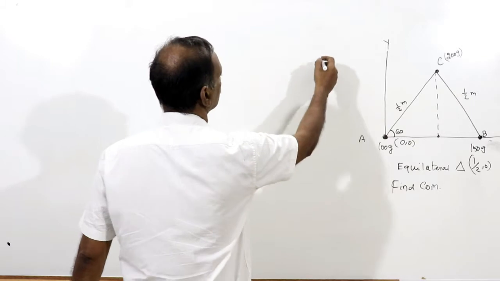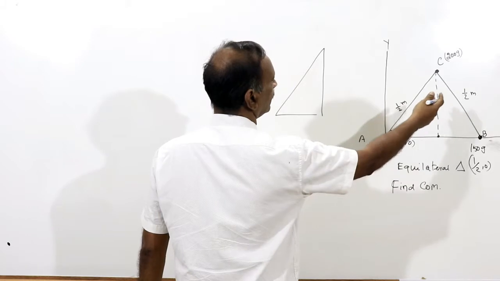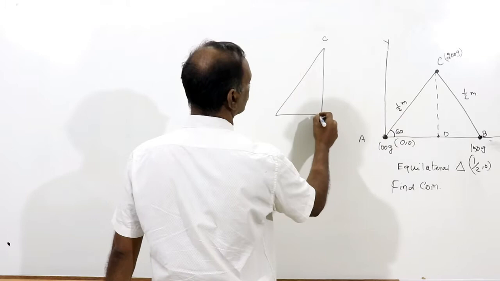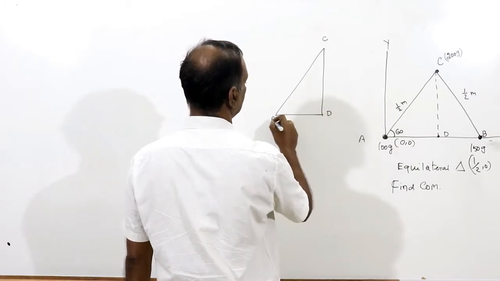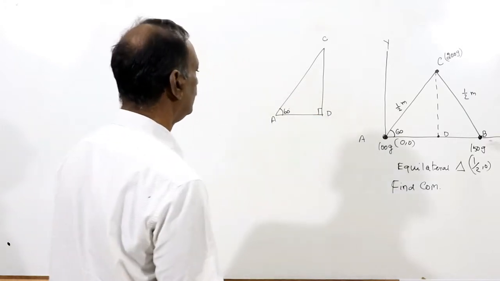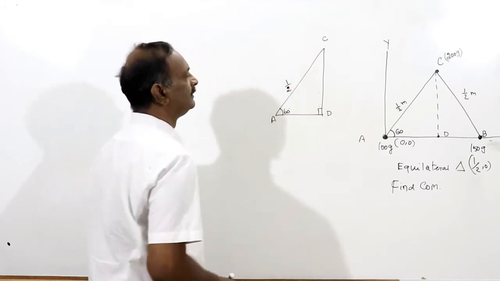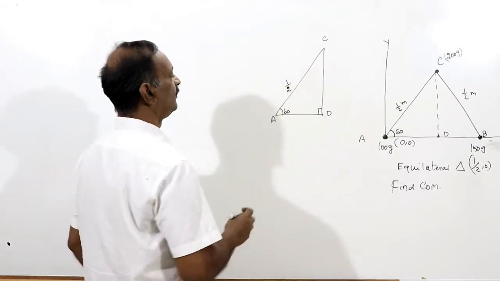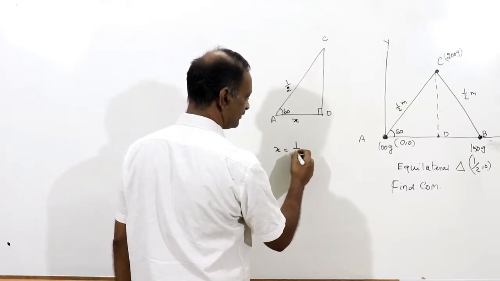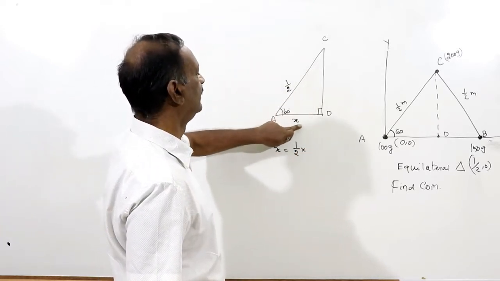Now we want to find this coordinate. Let us use trigonometry. Let us name this point A, this is B, this is C, and this point we name D. This is 60 degrees. This is the hypotenuse, which is half. If you want to find the x coordinate, first write the hypotenuse. The x coordinate is related to the cosine of the angle.